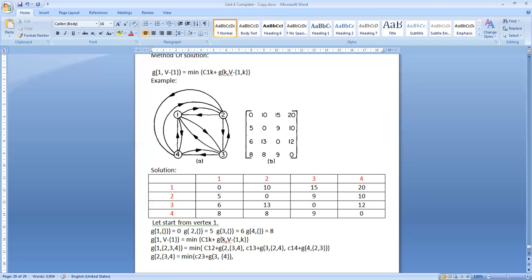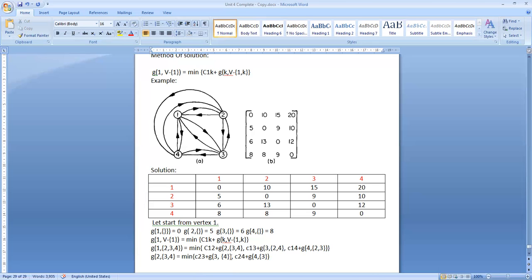Or what is the other chance? From vertex 2 I can go to vertex 4, then G of 4, and from vertex 4 I can go to vertex 3. So this is the thing.